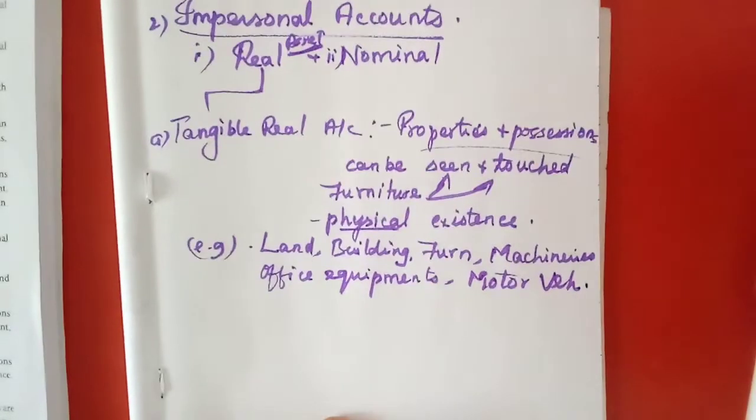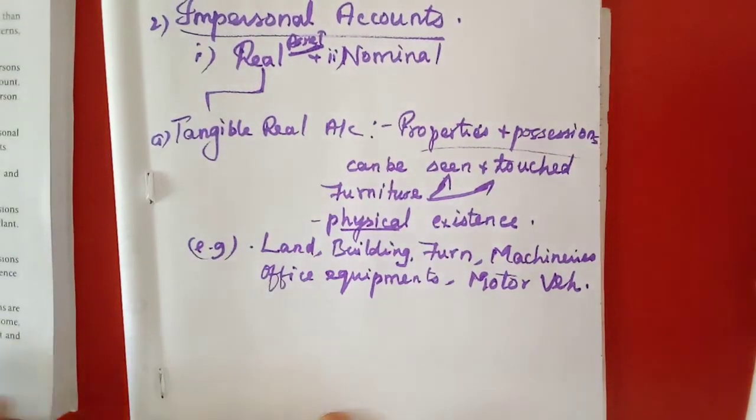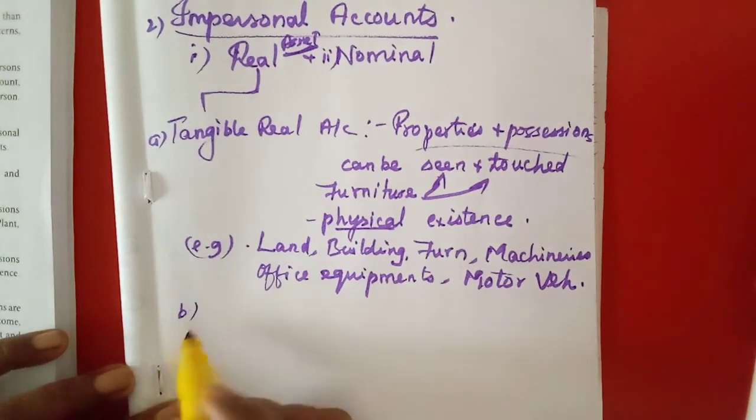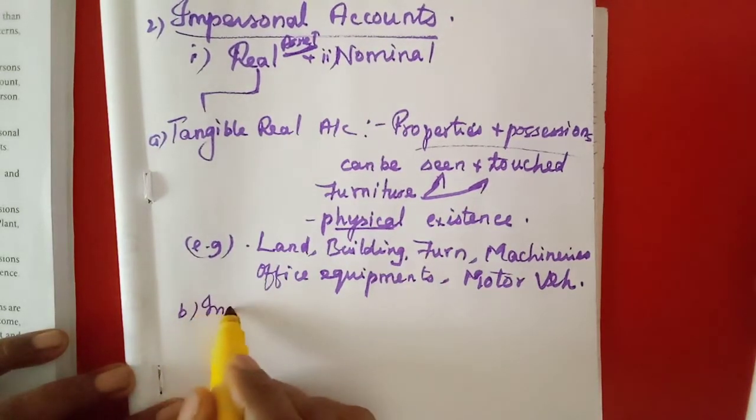All these are examples of tangible assets. They have physical existence. Then the next one is intangible real account.